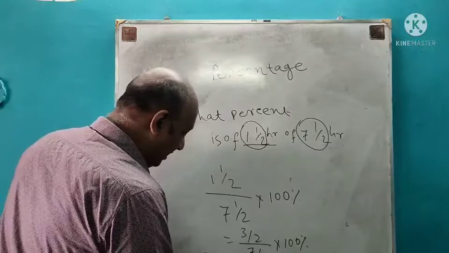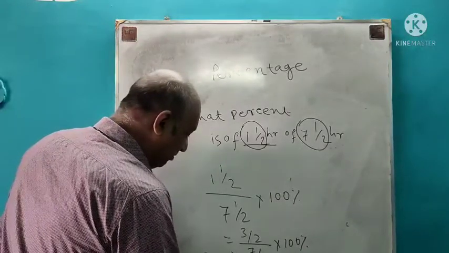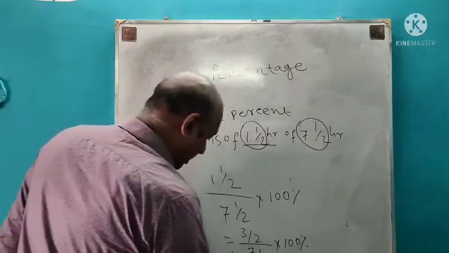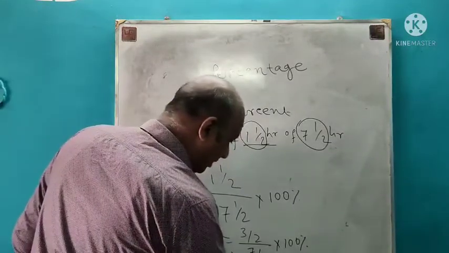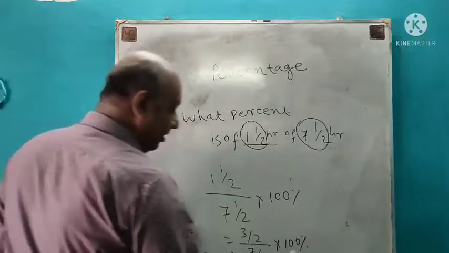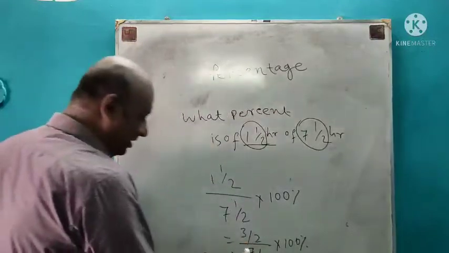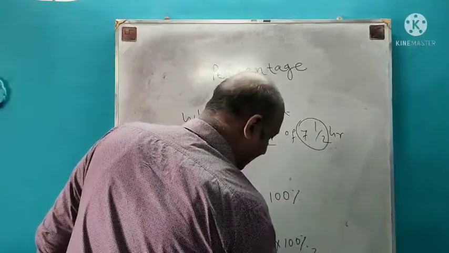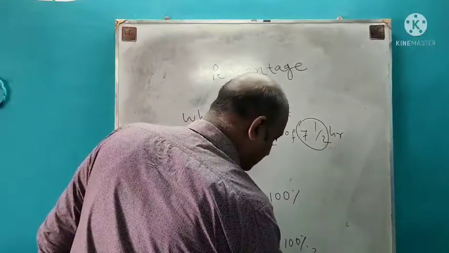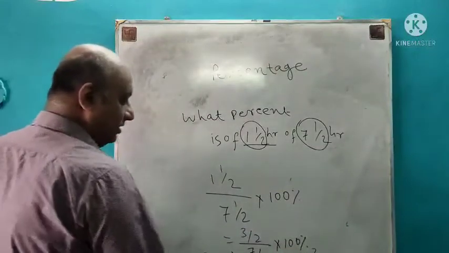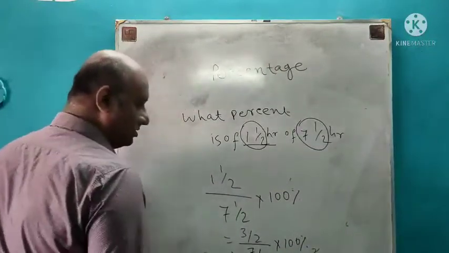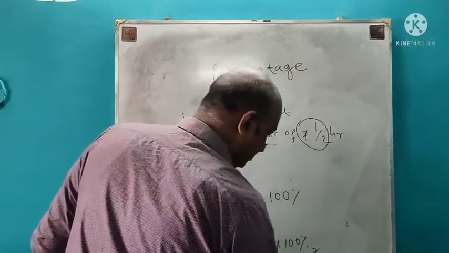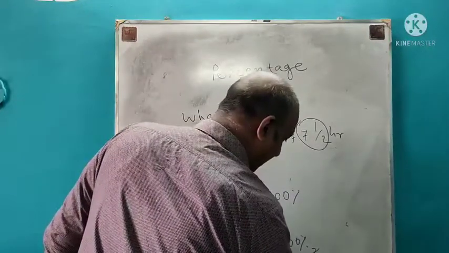So write divided by 7 by 2 multiplied by 100%. Now the division will be converted into multiplication by taking the reciprocal of 7 by 2. So it will become 2 by 7 and we have to multiply by 100%. So now the calculation is easy. 2 and 2 cut. We have 3 by 7 into 100%. So it becomes 300 by 7%.